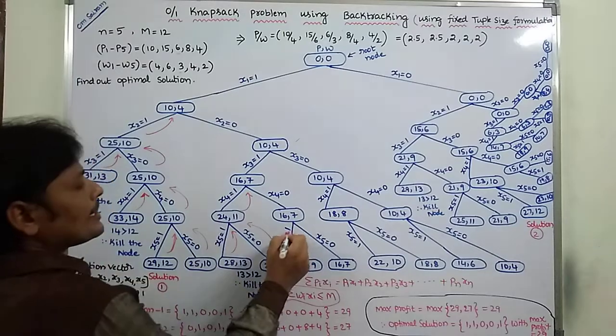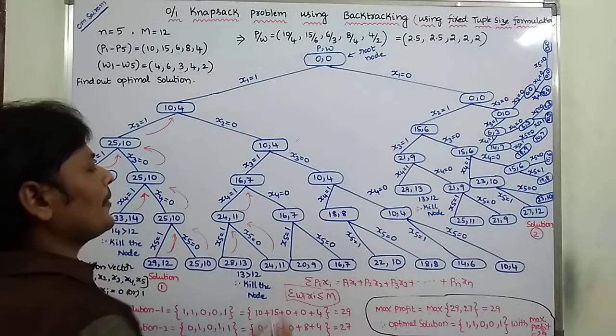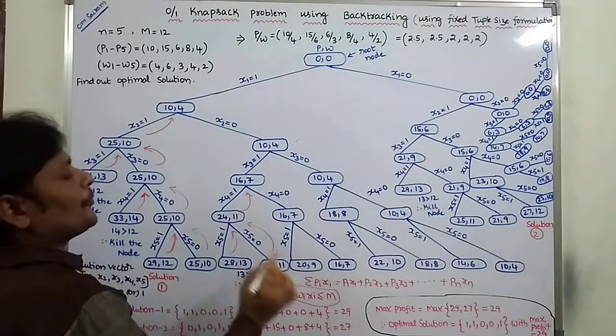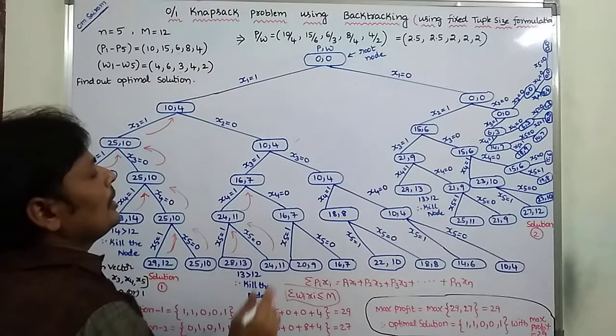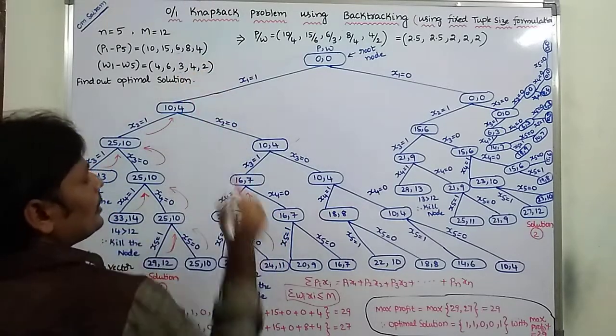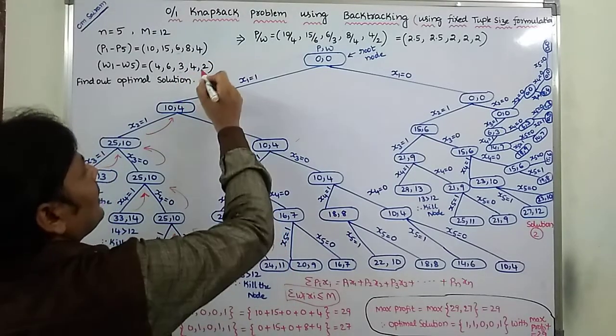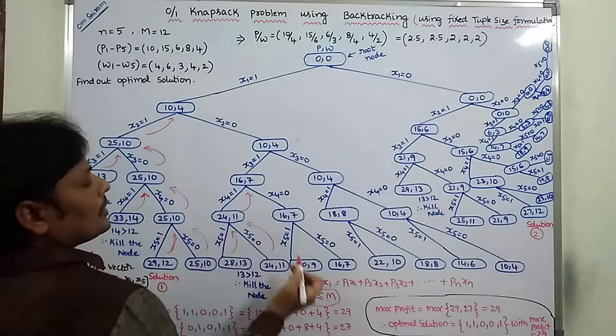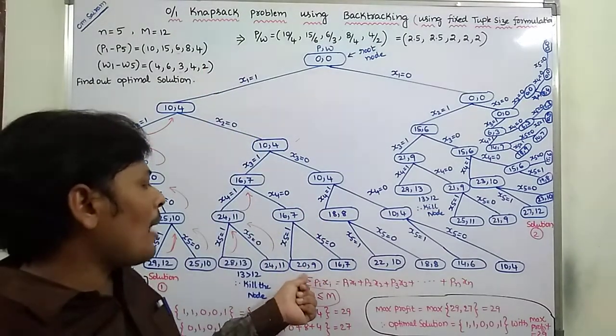By considering the fifth object with profit value 4 and weight value 2, 16 plus 4 is 20, and 7 plus 2 is 9. So 20 comma 9.